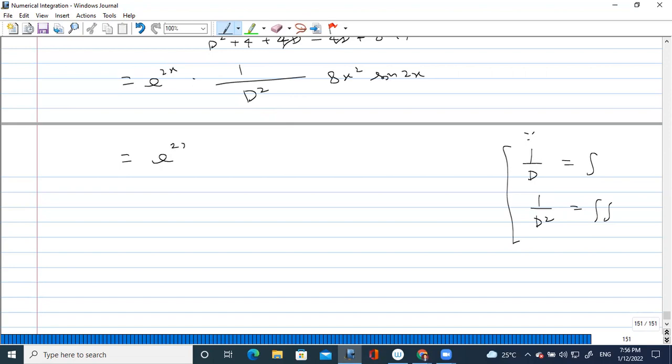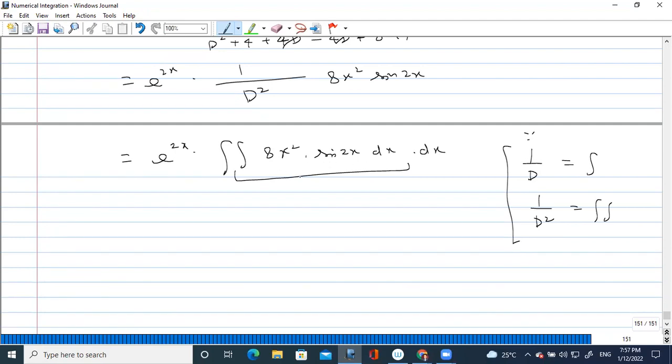So it will be e to the power 2x into double integral of 8x square into sine 2x dx. Okay, so if I do this single integration, or you can say that this is dx into dx 2 times, no?